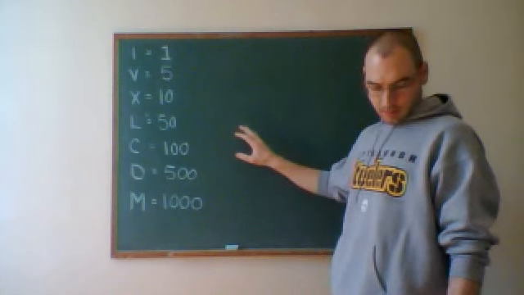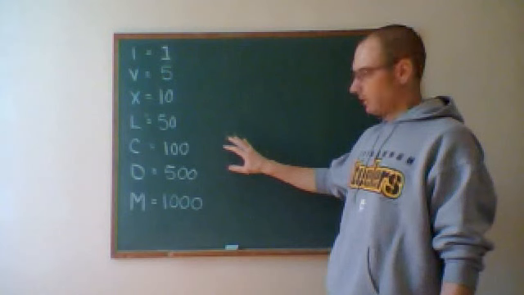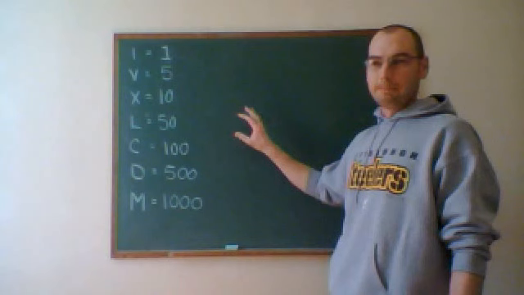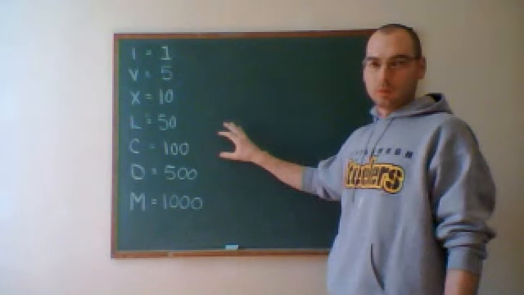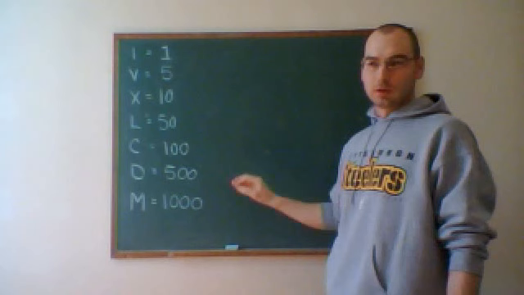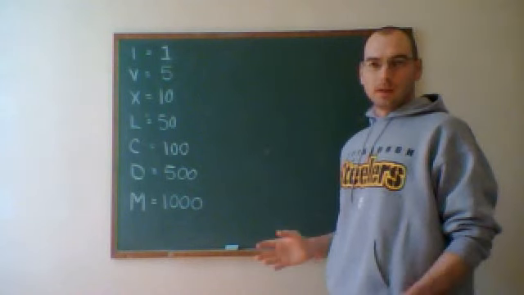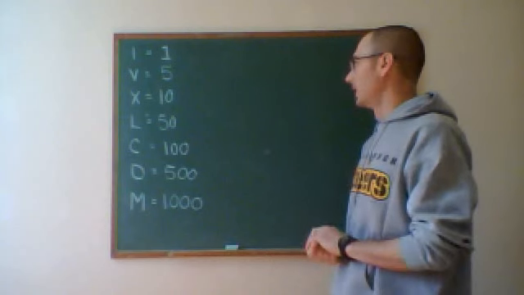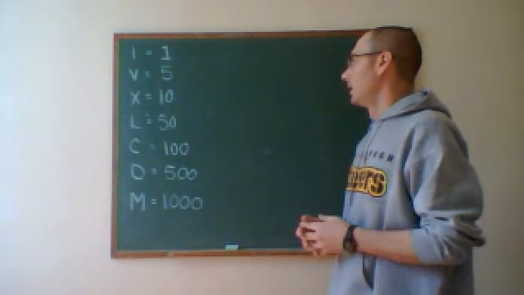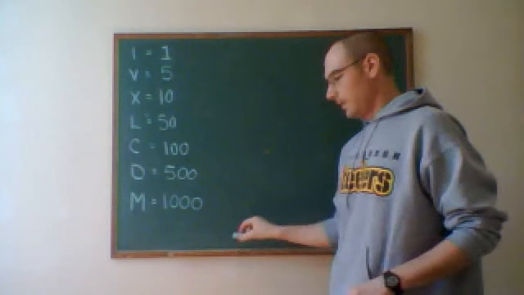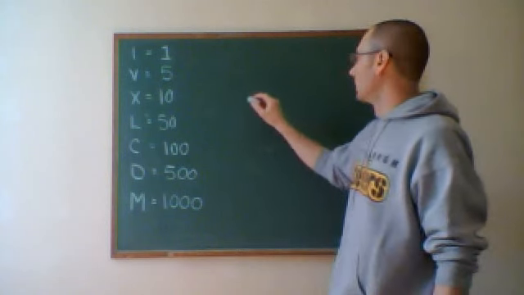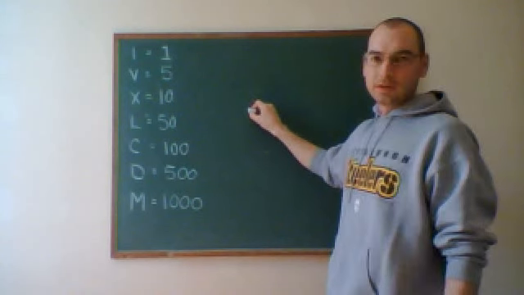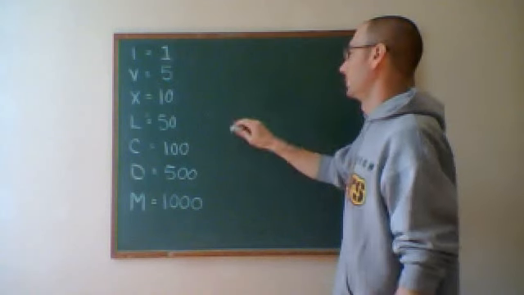So now that we understand that we have 7 different letters equivalent to 7 different values, we must follow a set of rules of combining these symbols in order to achieve the given value that we're looking for. Rule number 1: if you have a letter of lesser value preceding a number of greater value, then you would subtract it.